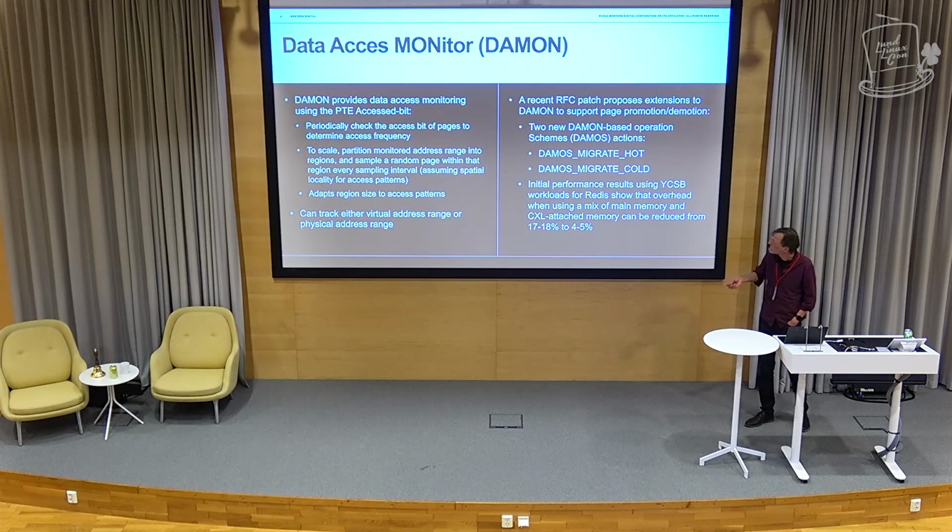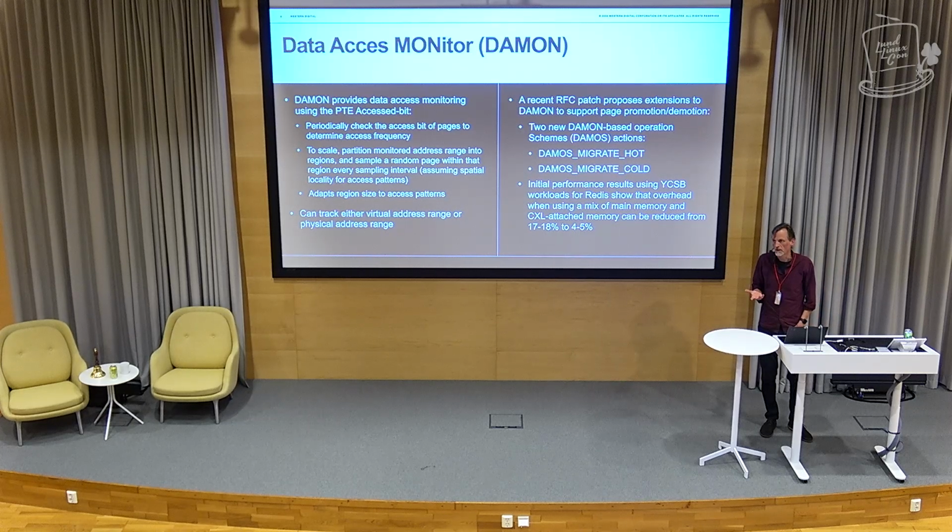And there's a recent RFC patch that proposes to integrate the hot and cold migration with the daemon, so that you can have a monitoring code that says, okay, now I identify this page as being accessed with a given frequency, and then we will migrate it as hot or as cold.